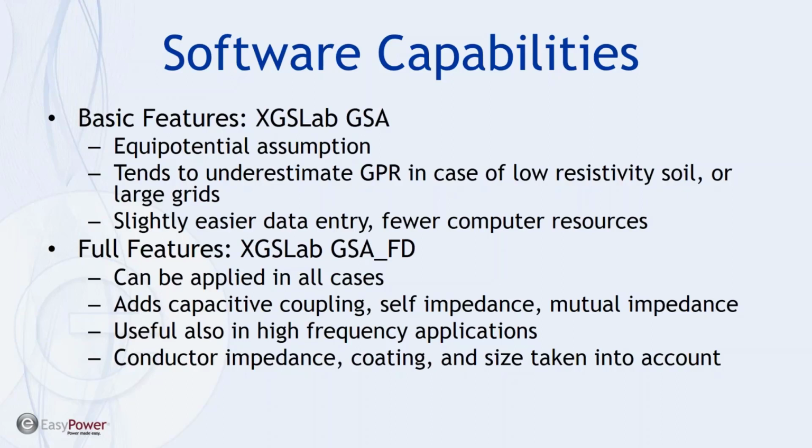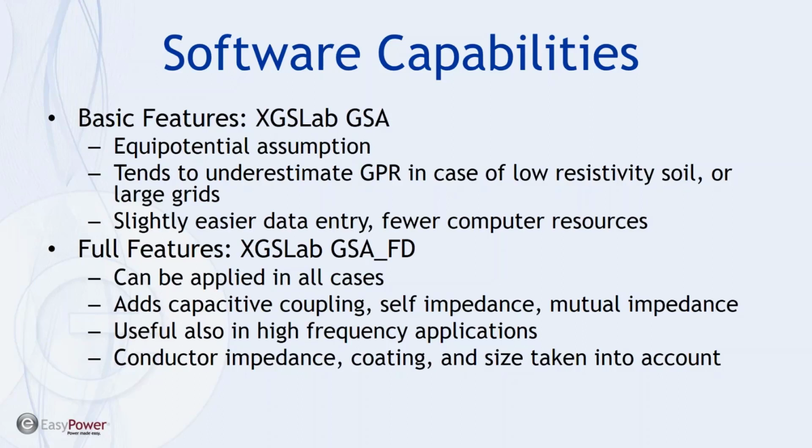All of these modules have what's called the equipotential assumption that we've talked about before, where there's no conductor impedance, which means the ground potential rise of all of the conductors on the grid is exactly the same, and they all leak the same amount because there's no impedance in between them. This sort of assumption tends to underestimate the GPR in the case of low resistivity soil or large grids.